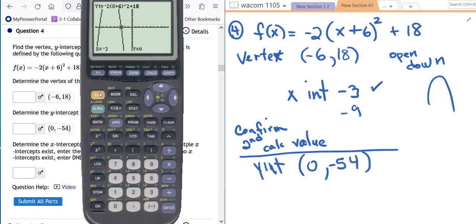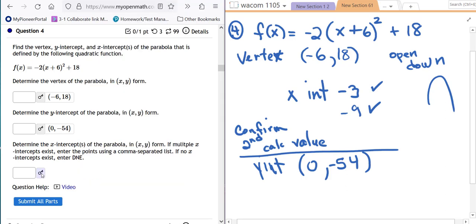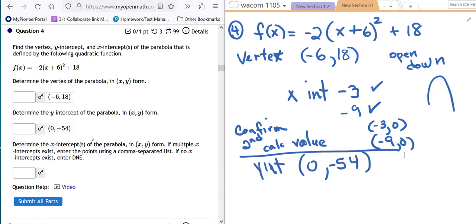All right, and then we do the same thing for the negative 9. So second calc value, choice number 1, and we'll try the negative 9, enter, and it does give us y equals 0, so that is good. Right, so those are our intercepts, and they want it as ordered pairs, so the answer will be negative 3, 0, and negative 9, 0, and you'll have a comma between those when you enter them.